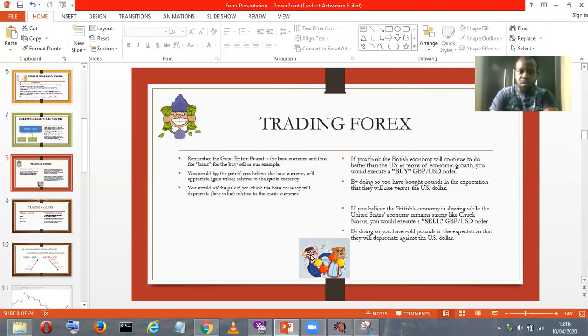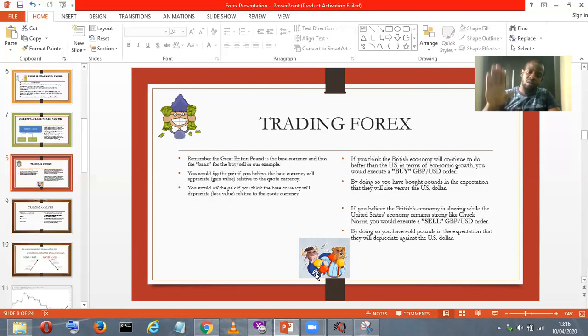Now, what is a bull? Who are the bulls? The bulls are the buyers. When you say US dollar against the Nigerian naira, since I was born, it has always been a bullish market. What does that mean? It has always been going up.